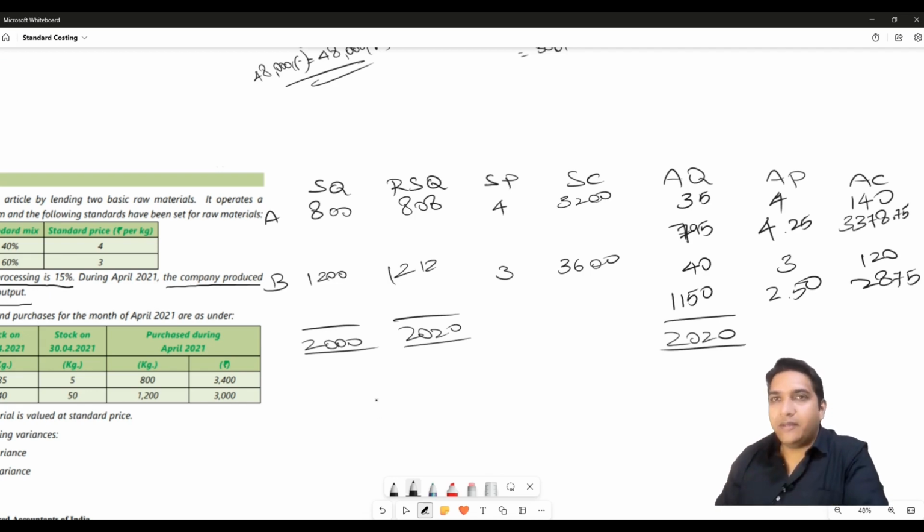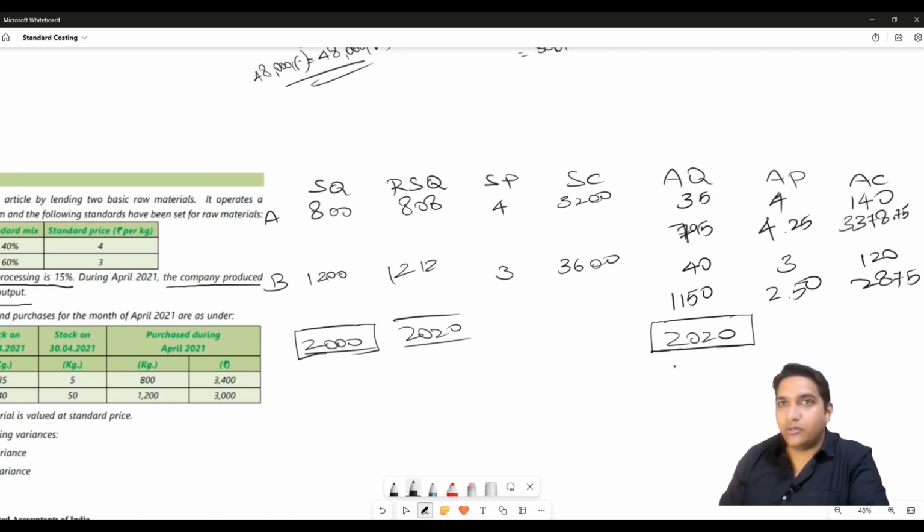So one more time let me explain. We had planned our standard quantity to be 2000, but our actual quantity came out to be 2020, right?